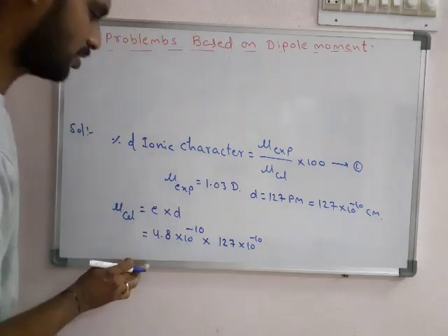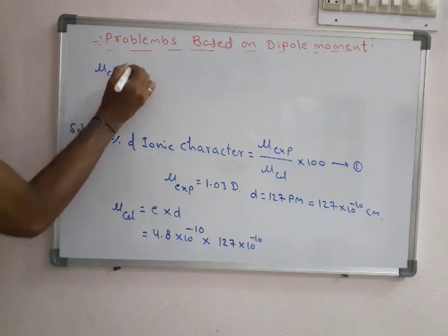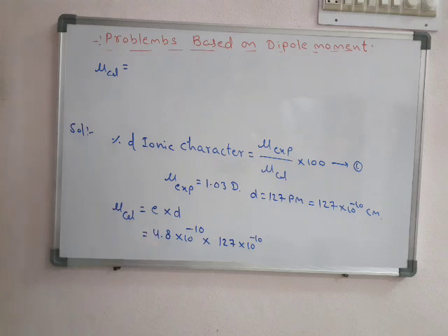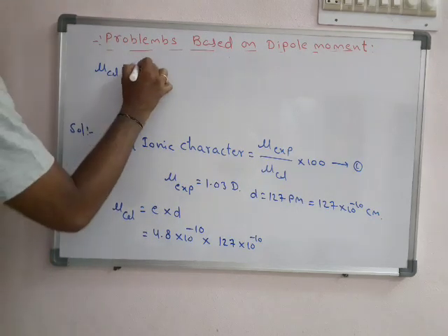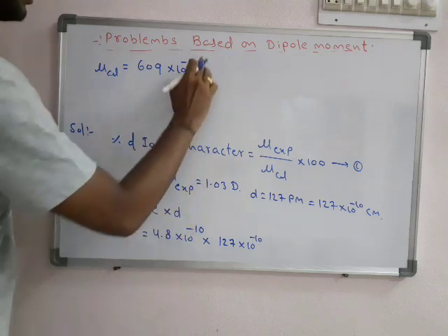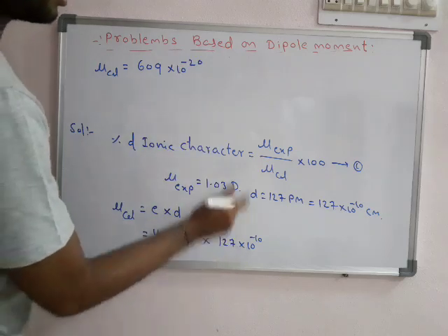On this calculation, the theoretical dipole moment becomes 4.8 into 127, which gives 609 into 10 to the power of minus 20. The units are ESU centimeter.